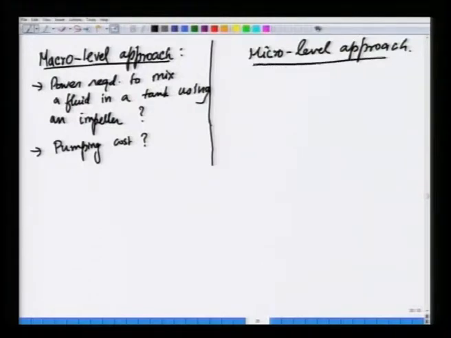whereas the micro level approach will involve the detailed structure of the flow.